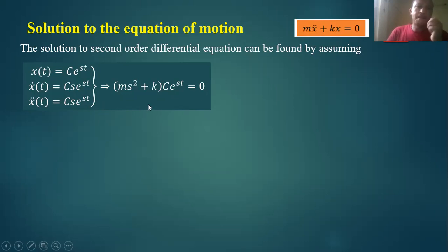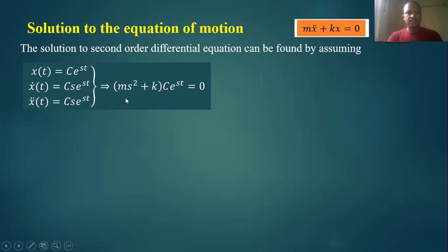Here there are two terms: one is the term inside the bracket, and another is c e to the power of st. To have a solution, c e to the power of st must be different from 0, and the term inside the bracket, which is known as the characteristic equation, must be equal to 0.